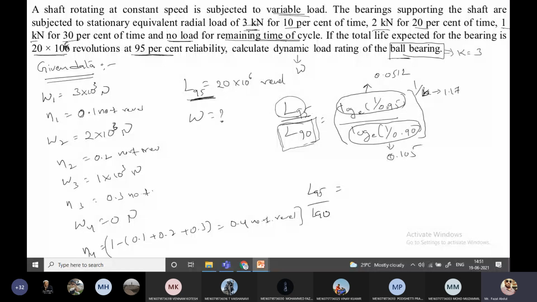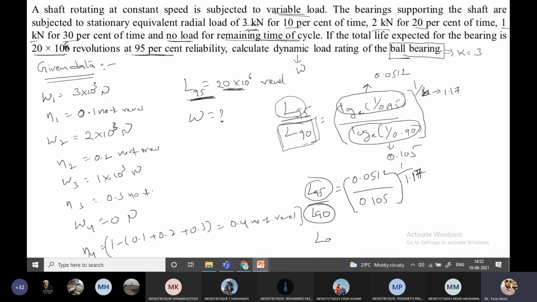Now L95 by L90 equals 0.0512 by 0.105, power 1 by 1.17. Now tell me the L90 value. For L95, the question is given 20 into 10 to the power of 6.